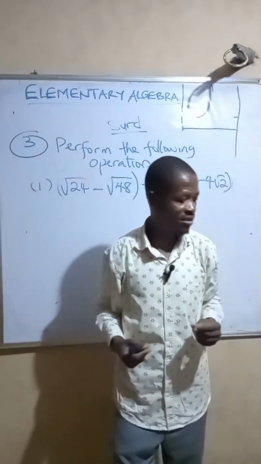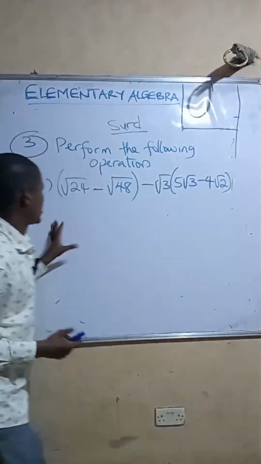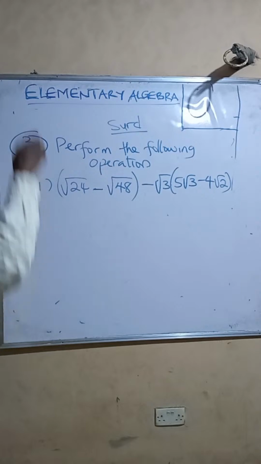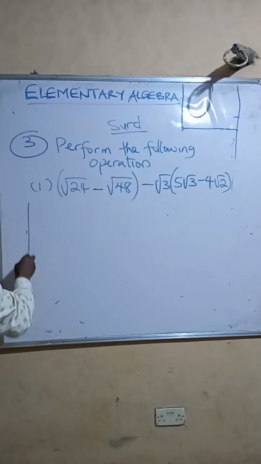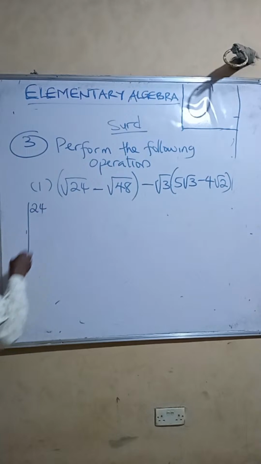The first question, root 24. Root 24 is what? We can find the product of the prime factors. 2 goes in 24, that's 12. 2 goes in 12, that's 6. 2 goes in 6, that's 3. 3 goes in 3, that's 1.